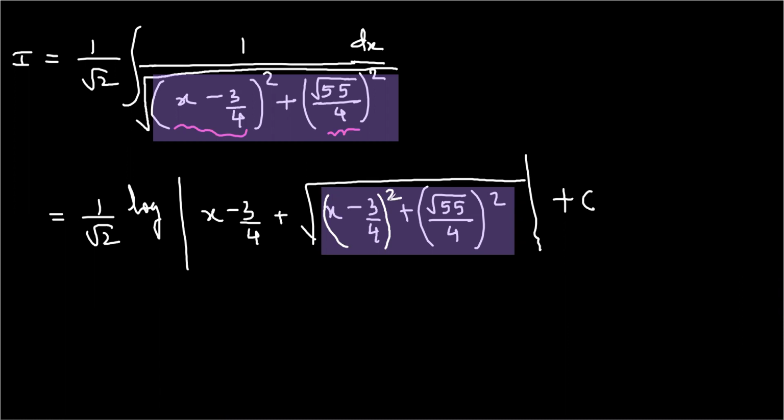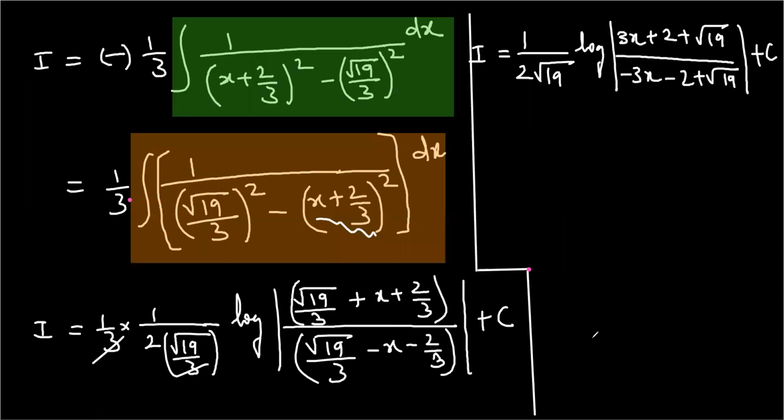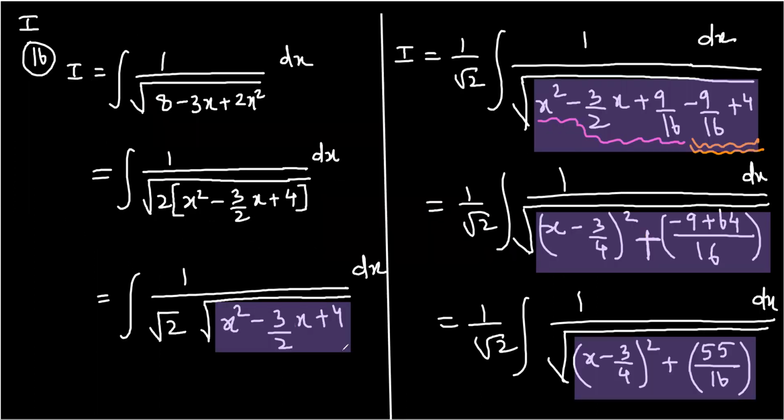I wrote it now, so excuse me for forgetting that. So where was I? Yes, I was saying that in order to make my answer look compact, what I can do is write this x square minus 3 by 2 x plus 4 here, because this thing is the same as this thing.